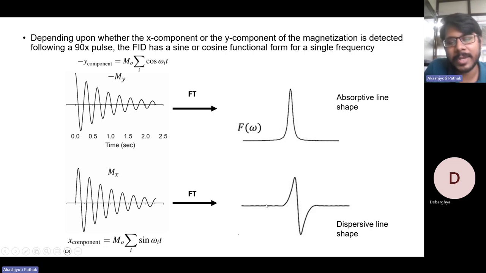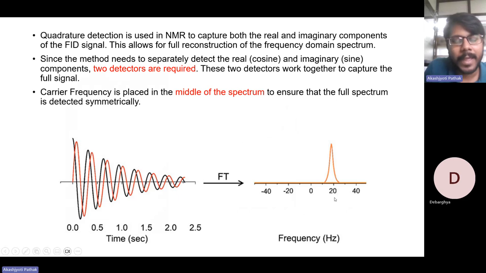This is not detected, but it is required for phase corrections. So the simultaneous combination of these two components, on Fourier transform from the time domain to the frequency domain, gives us an absorptive line shape.